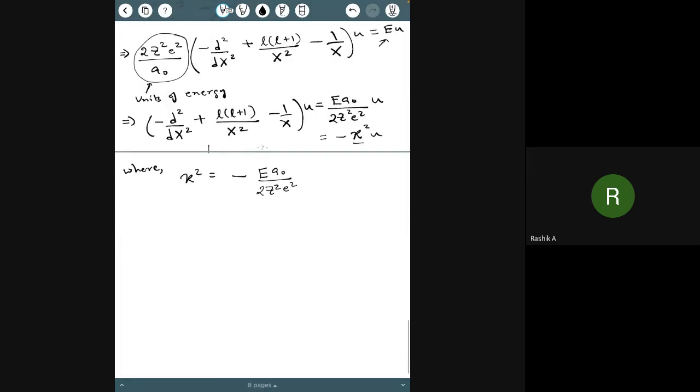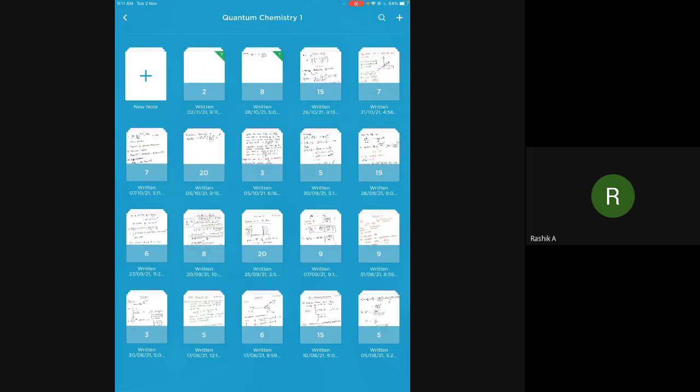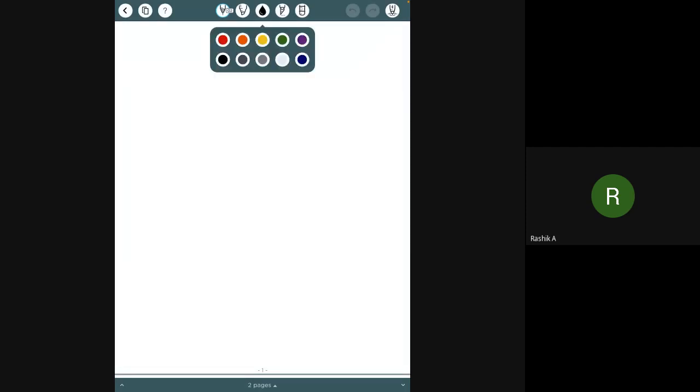Now we'll proceed from here today. So now our main goal is to obtain kappa, which is related to the energy eigenvalues of the system. It is lecture 21.